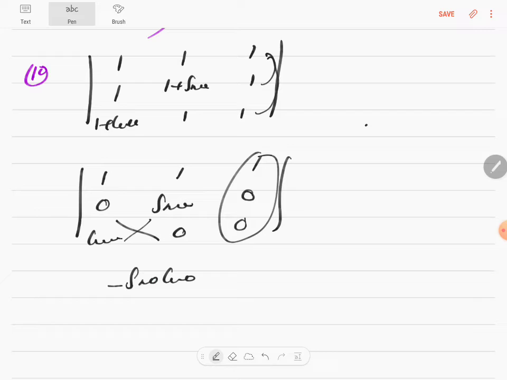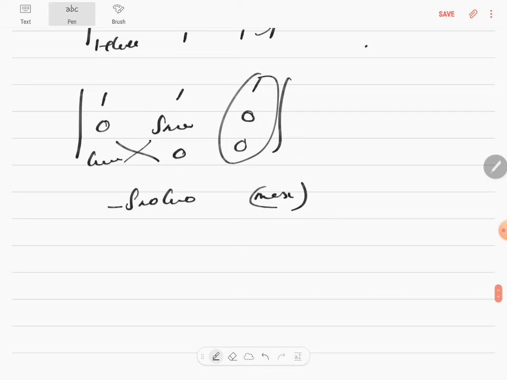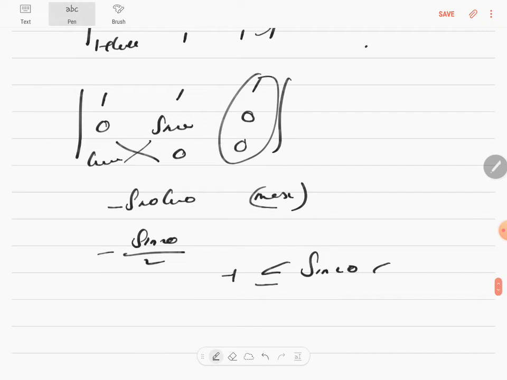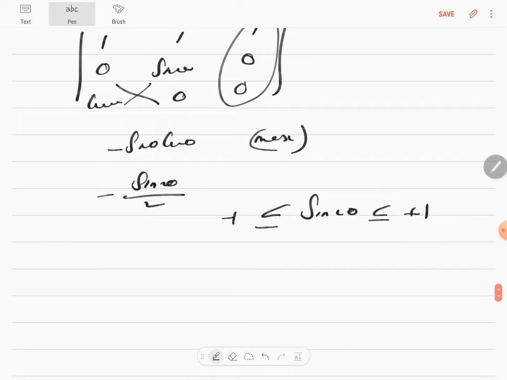So this is my determinant value, and for this value to be maximum, when will this be maximum? This can be written as minus sin 2 theta by 2. And you all know sin 2 theta's value always lies between minus 1 and plus 1. Any sin value or cos value lies within minus 1 and plus 1.